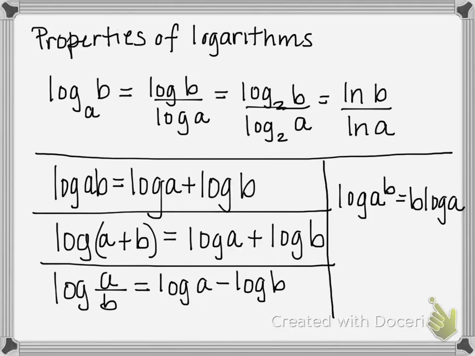We're going to take a look at some properties of logarithms here and then a couple of applications. This first property of logarithms is the change of base property. If you have a log to a base, log base a of b in this case, you can rewrite it as the log of the argument over the log of the base.